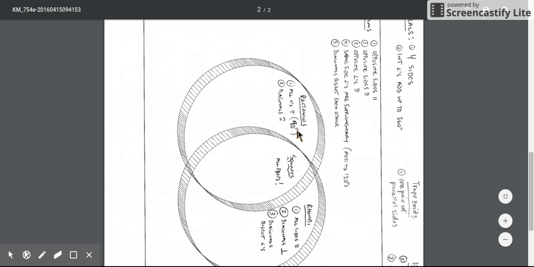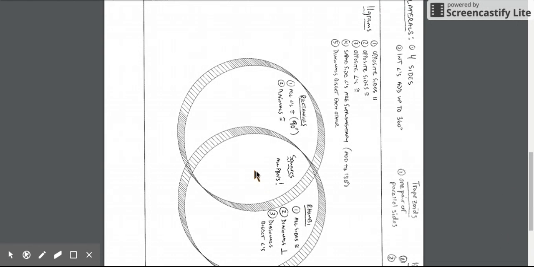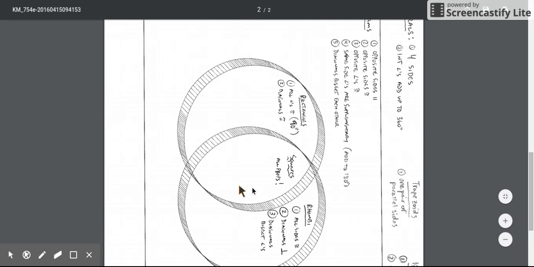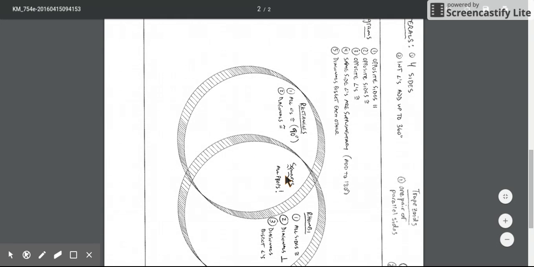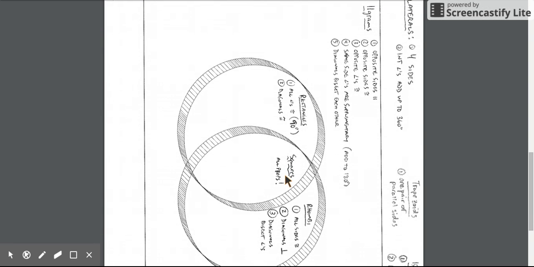And notice that the squares are in the rectangle circle. That's because squares are rectangles. Also notice that squares are in the rhombi circle because squares are rhombi. But rhombi are not squares, so we can't have them in the center. And likewise, rectangles are not squares, so they can't be in the middle part of our circle. So overlapping shapes share properties.